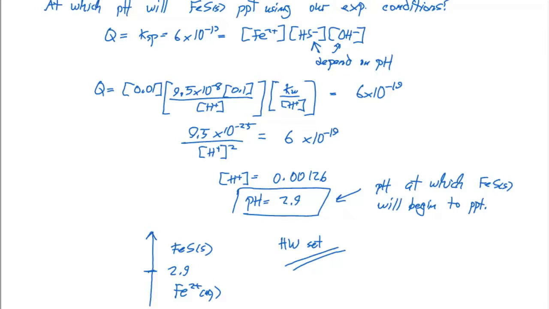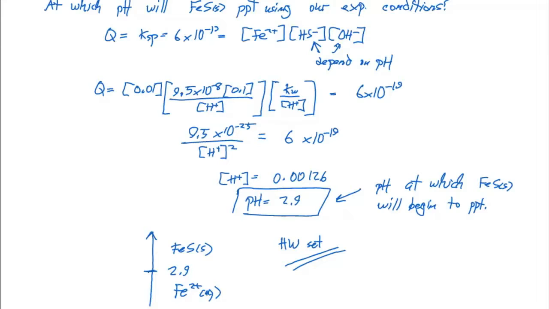So does anybody have any questions on this particular analysis right here? Essentially what we do is we can figure out approximately what our metal ion concentration is in our test tube. In the particular lab that you're performing, that metal ion concentration is roughly 0.01 molar. We also have a saturated solution of H2S, which gives us a concentration of 0.1 molar. The variable that we can control is the pH.